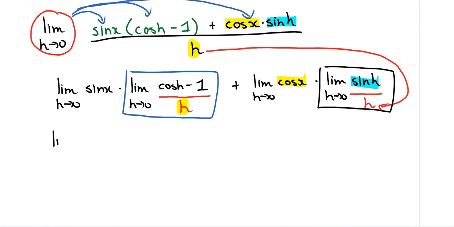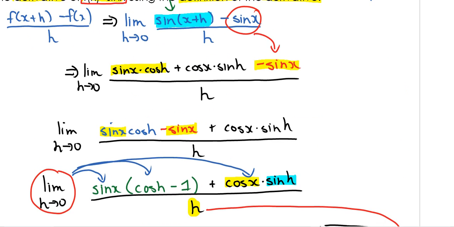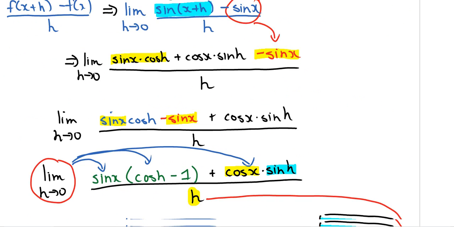This is the limit as h goes to 0 of sine x. And this whole limit right here that I'm highlighting here in yellow, well, that's just going to be 0, so times 0 plus, this is the limit as h goes to 0 of cos x times, well, this limit here that I'm highlighting in blue right there, if I go back up to my limit identities here, that's this guy right here, and that's simply going to equal 1.